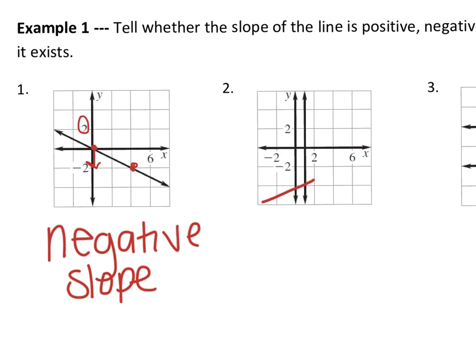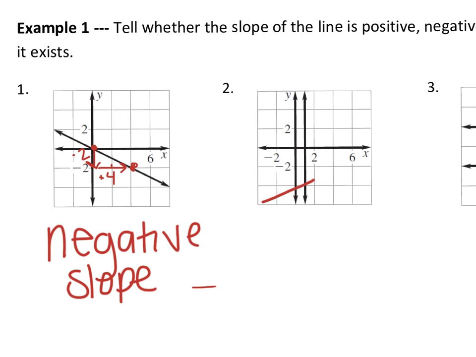So I'm going to count down 2. And when I count my run, it's how far do I have to go to the side. So again, pay attention to your labels. So we're actually counting by 2s again. So I'm going to go over 2 and 4. So I'm actually going over positive 4 units.